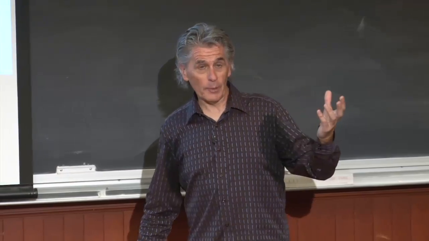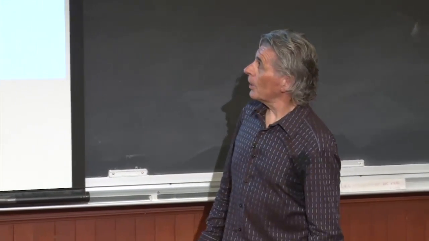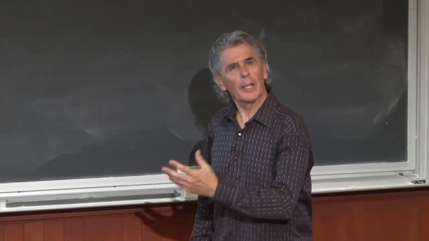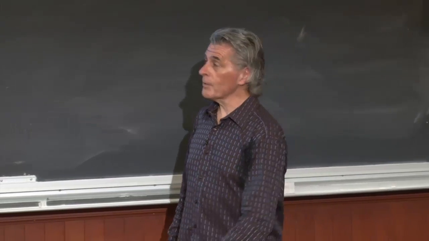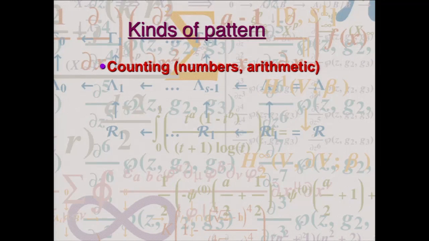To flesh out that definition, you really need to say what kinds of pattern you're talking about, to give some examples. And the list gets very long. Initially, we have patterns that arise in counting, numbers. When you bring collections together and you put a number, if you like, on the size of the collection. Actually, people counted before we had numbers.